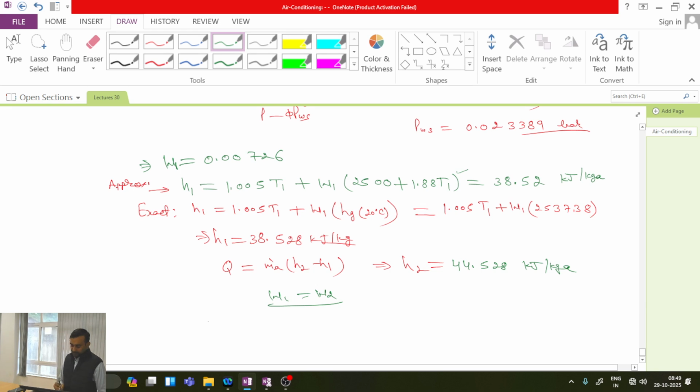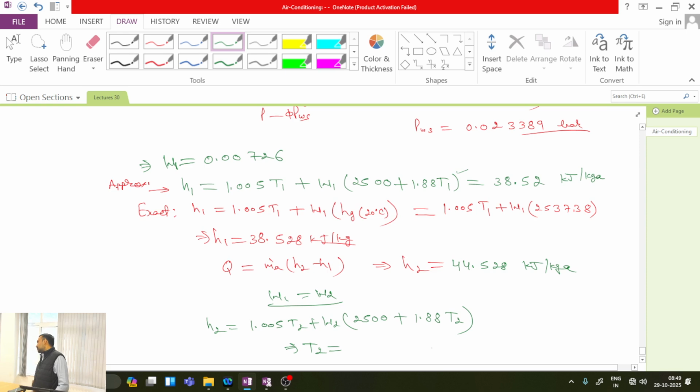Then enthalpy at point 2, I can write 1.005 T2 plus W2 into 2500 plus 1.88 into T2. I have H2 and W2. Substitute here and calculate T2. How much is T2? Quickly do it. Then let's start the next problem.